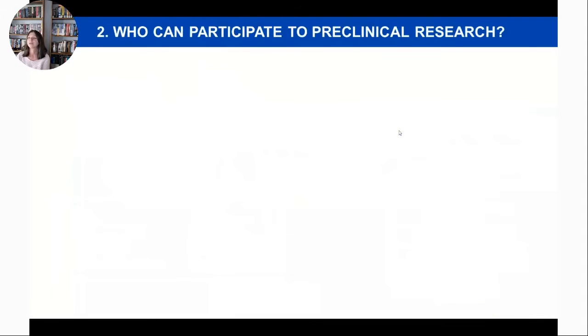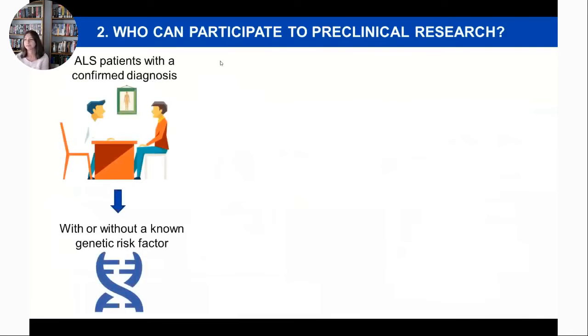So first, who can participate in preclinical research? All ALS patients can participate in this preclinical research, all patients with a confirmed diagnosis of ALS. These patients can have a known mutation or not. It doesn't really matter if you know whether you're carrying a mutation or not.